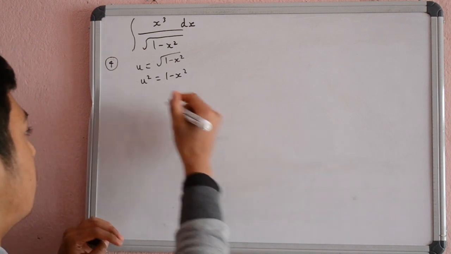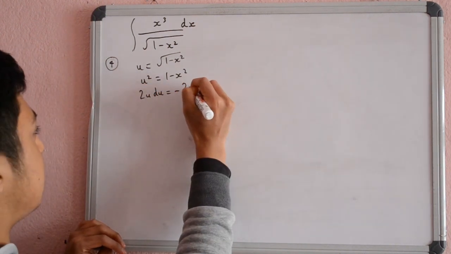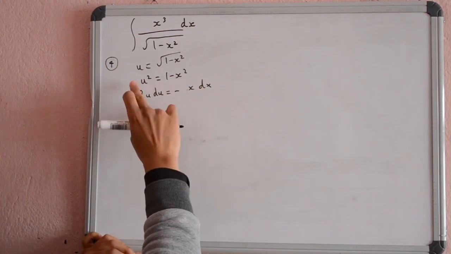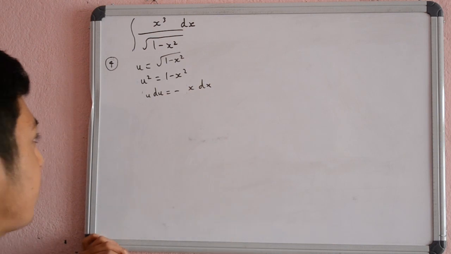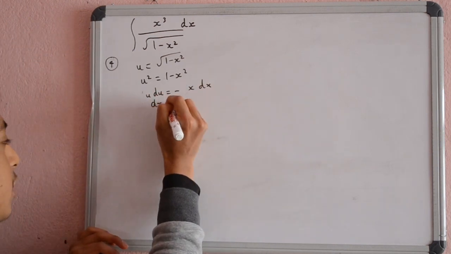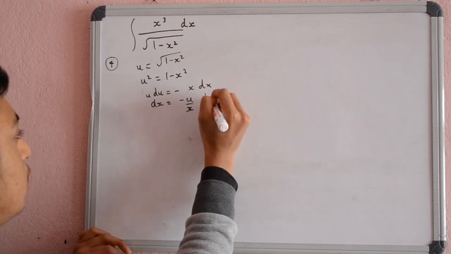Now you can differentiate both sides. You get 2u du equals minus 2x dx. So here the 2 and 2 cancel, so just erase that, and we want dx in terms of du, so dx will be minus u by x du.